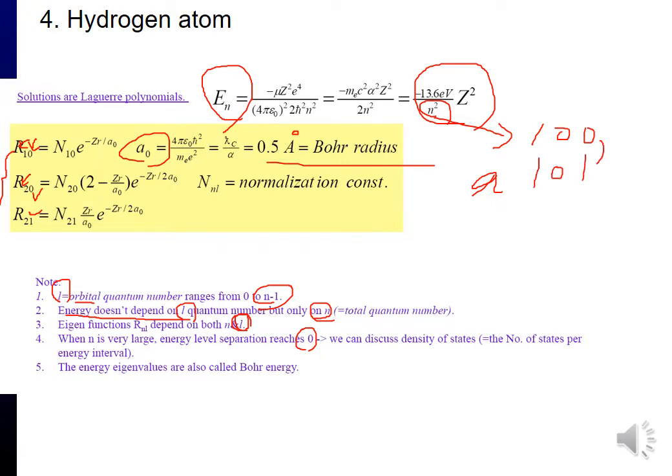The energy separation is extremely small, so it's very hard to recognize their difference in experiments. Then we can say the energy level separation reaches 0. When the energy level separation is almost 0, they overlap very closely, then we use the concept of density of states.